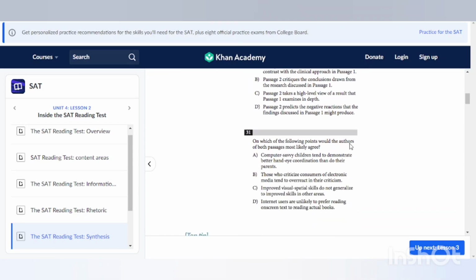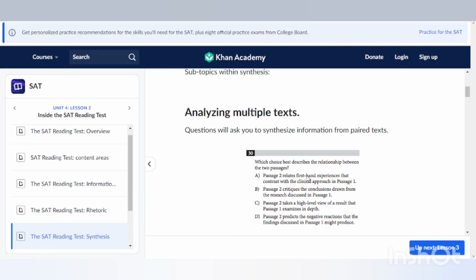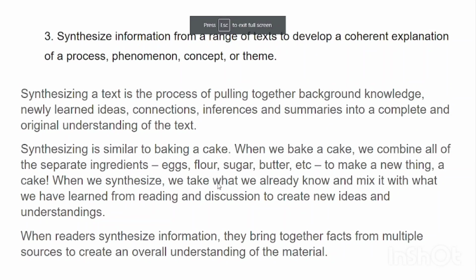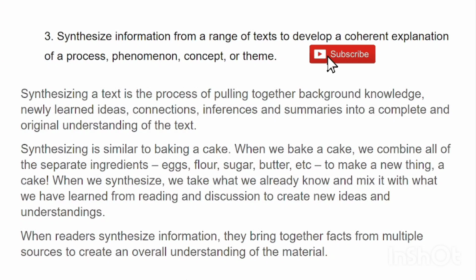On which of the following points would the authors of both passages most likely agree? These are the types of questions you will see as it relates to synthesizing, but in other words, you are basically pulling together everything you know, right? What you just learned from the passage, you're pulling together connections. You're bringing everything together to create an understanding of the material.